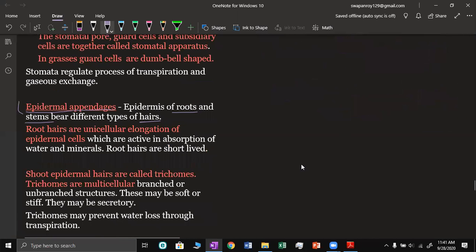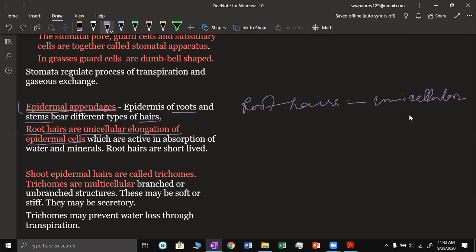But in case of root, the root hairs are unicellular elongations of epidermal cells.